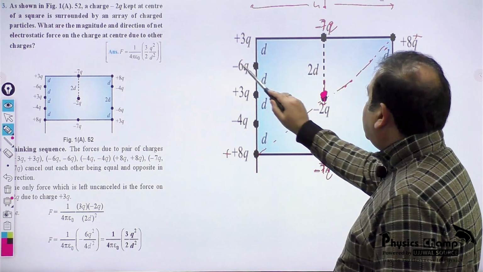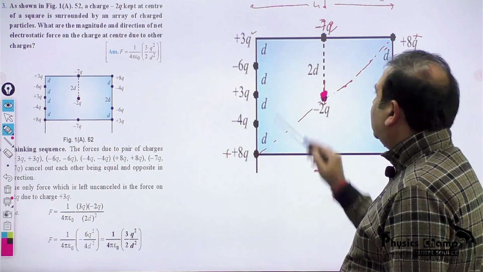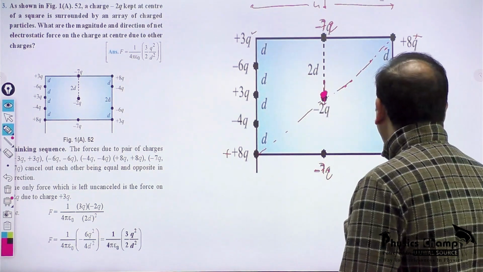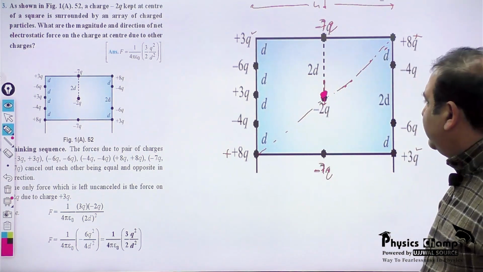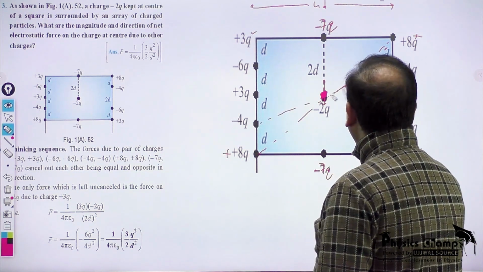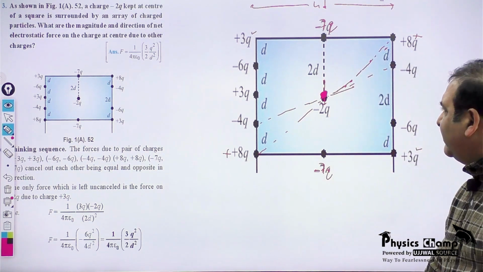Similarly, if I talk of this plus 3q and plus 3q, they will cancel the effect of each other. This minus 4q and minus 4q, they will also cancel the effect of each other.